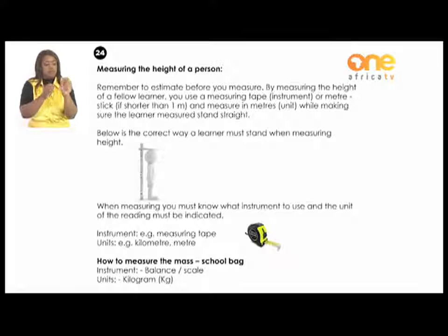We need to indicate the instrument you are using to measure. There is a measuring tape, and the image shows a measuring tape. Units, you must indicate the units. You can measure in units such as kilometers, meters, and so on.